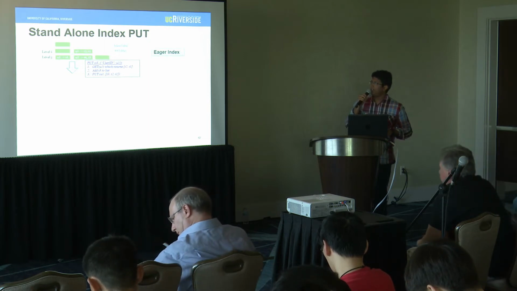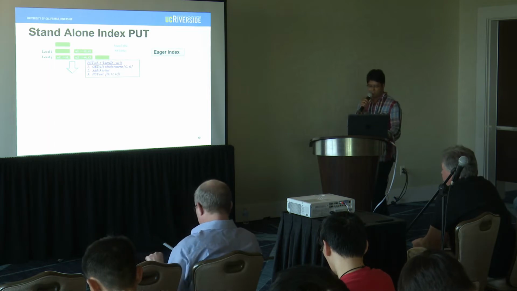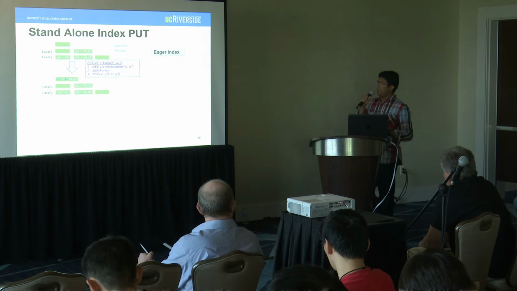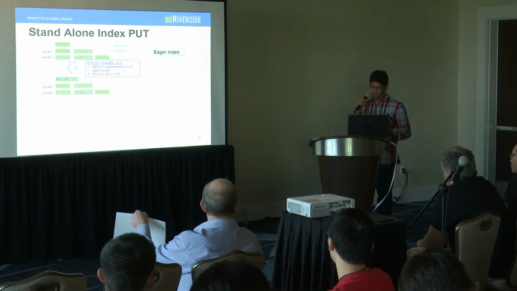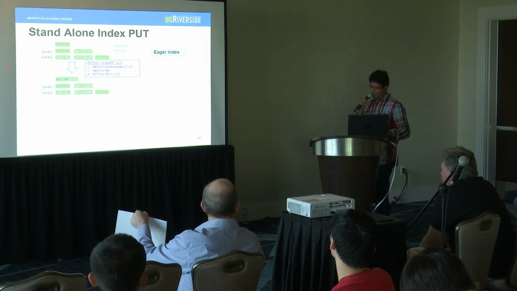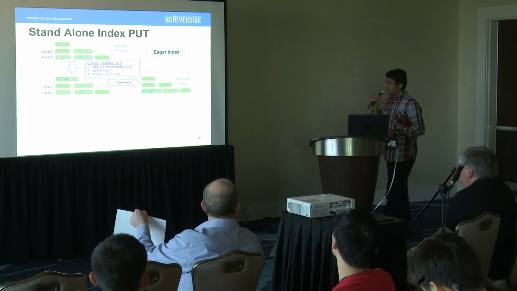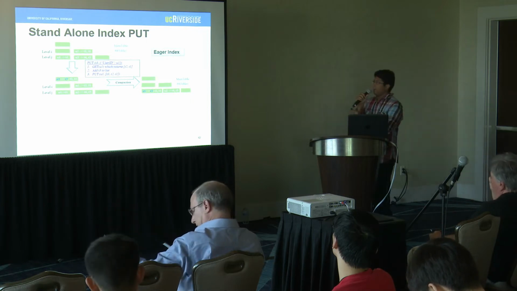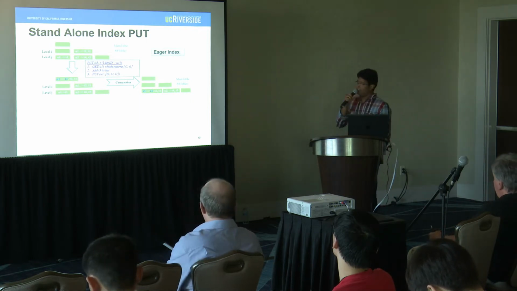It adds T3 to the list and writes it back to the database. So it will look like this. The lookup will simply read from the top level, which is here, T3, T2, and T1. After some compaction, we expect these older lists to be removed.